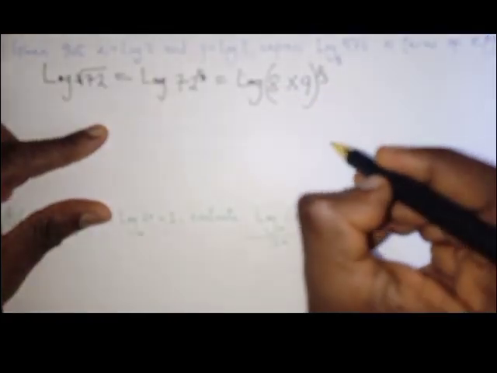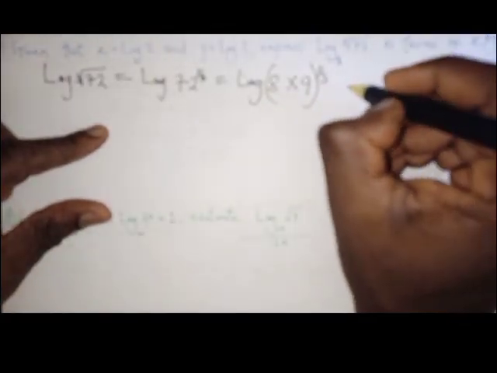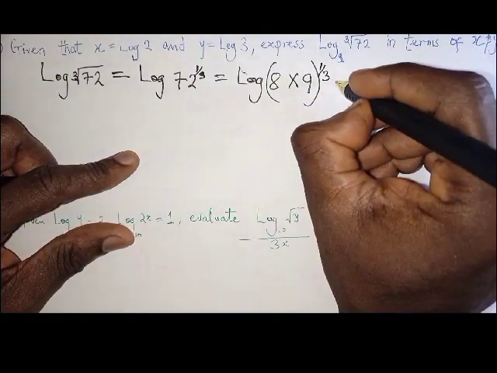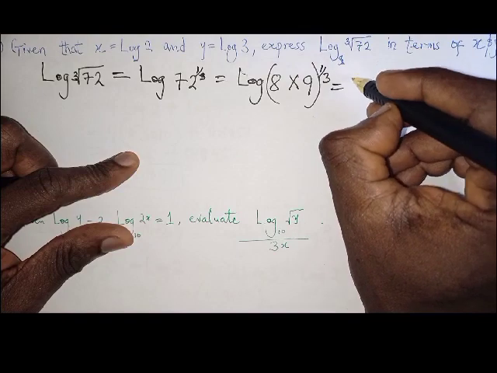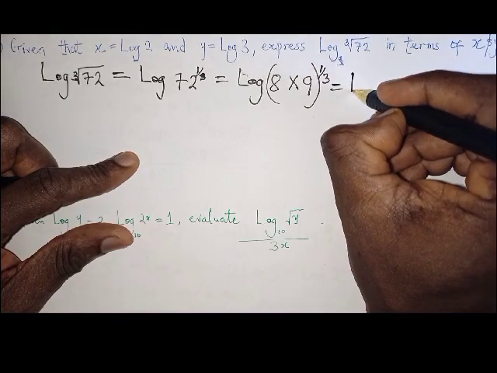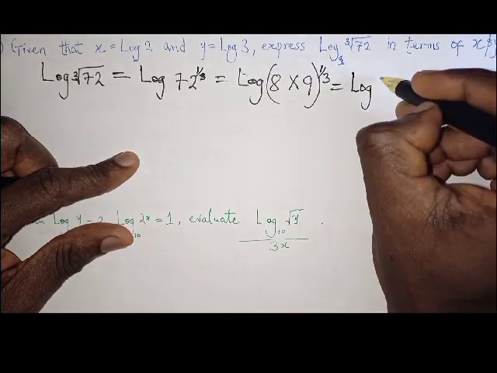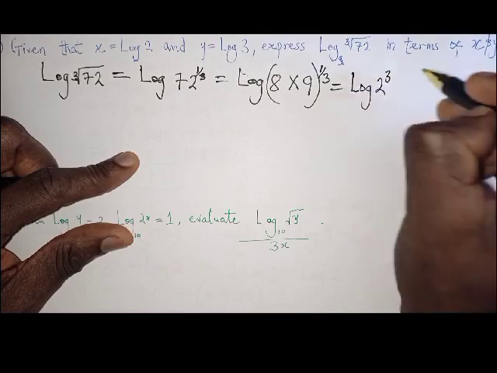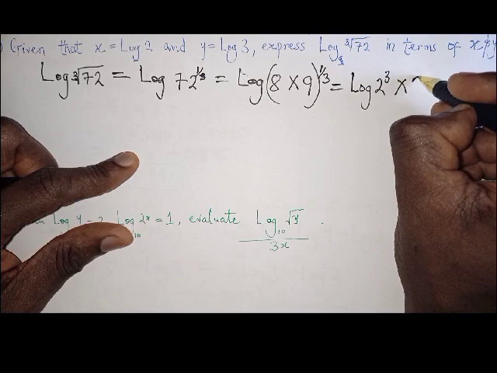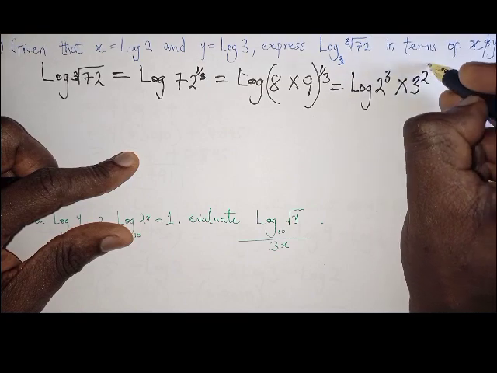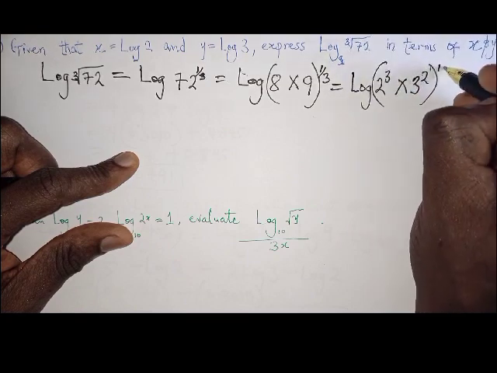Now I'm going to try to split it. This can be equal to log of 2 raised to power 3 times 3 raised to power 2, all raised to 1 over 3.